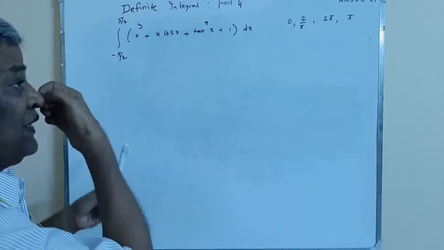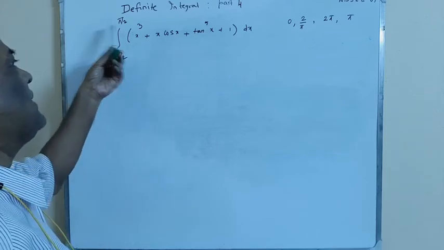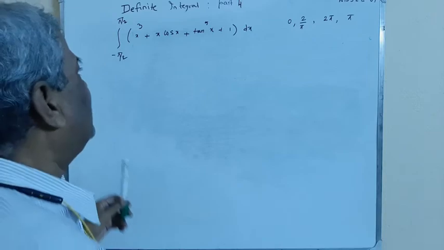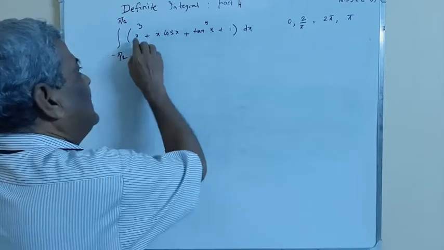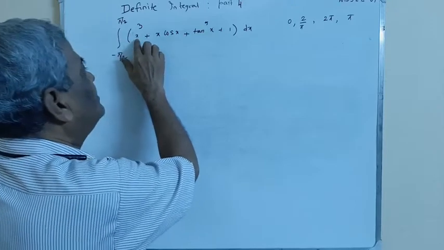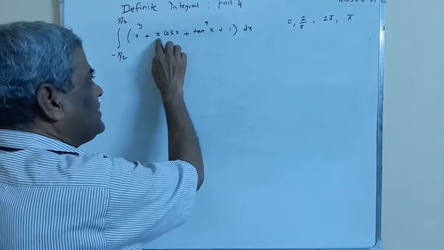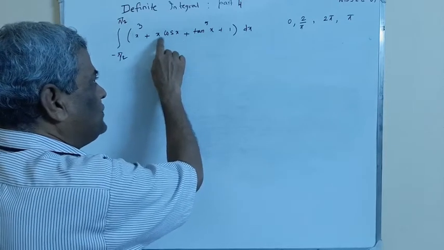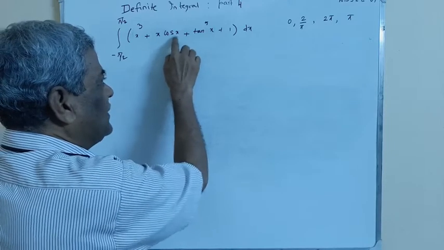Here you see the limits are symmetric, minus pi by 2 to plus pi by 2. And you see the integrand, it is x cube. Only this part is an odd function. x cos x: x is an odd function, cos x is an even function. Their product is an odd function.